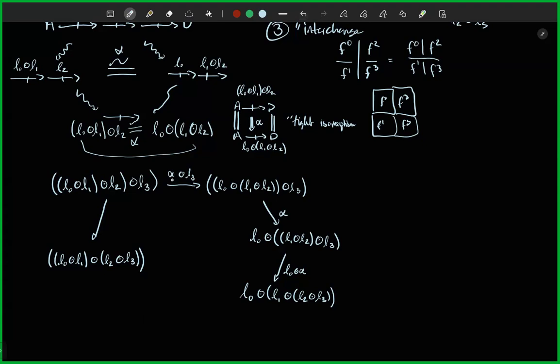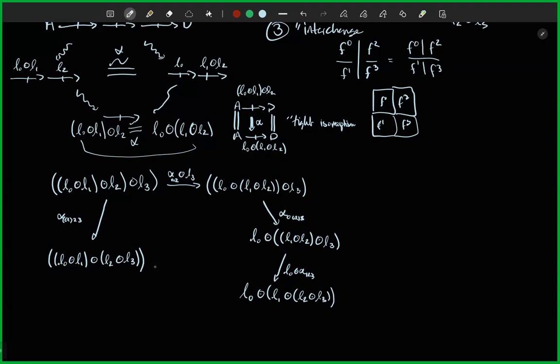This is the 0, 1, 2 associator. And then we carry 3 along for the ride. This is the 0, 1, 2, 3 associator, where we take L1 dot L2 altogether. This is the 1, 2, 3 associator, working on L1, L2, and L3. This one here is the 0, 1, 2, 3 associator. So we keep L naught dot L1 as a single object, and then we reassociate there.